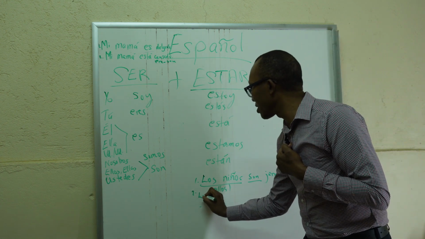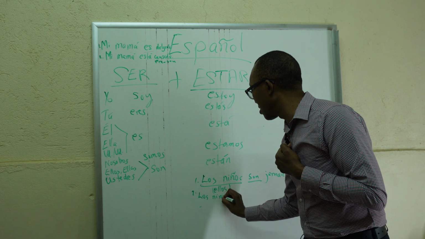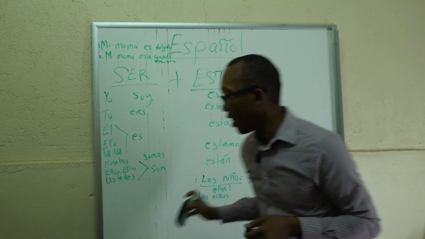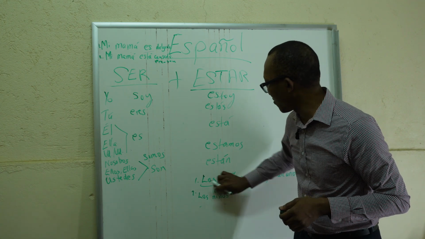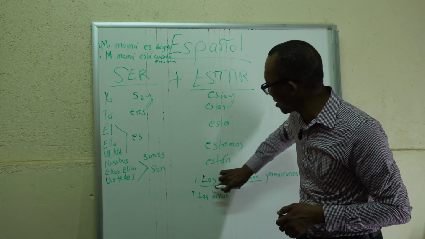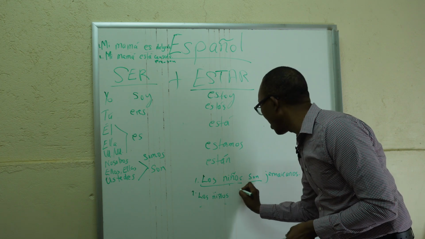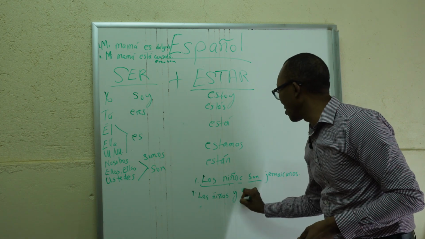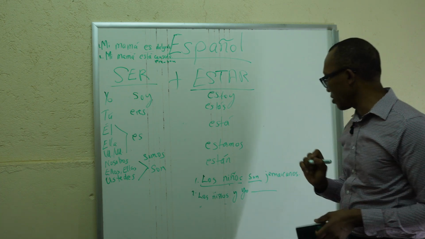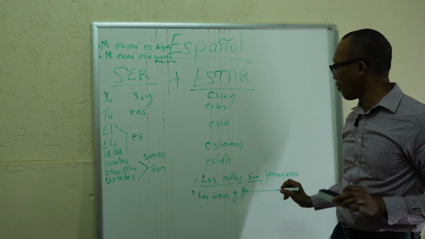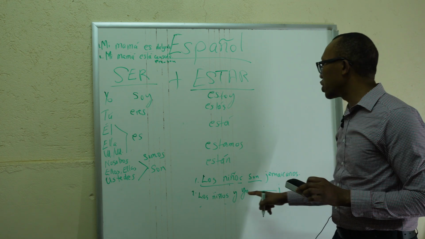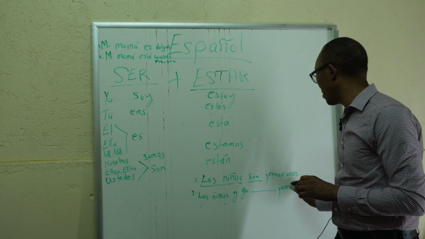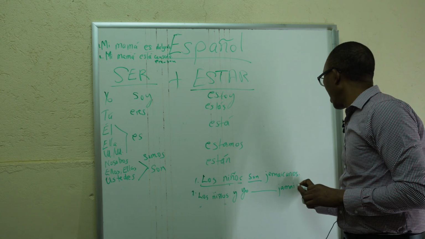The children, los niños, I will remove the ellos since you would have got that point already. So los niños y yo. Now I want you to think. What should we have now? The children and I are Jamaicans, jamaicanos. See? Los niños y yo.